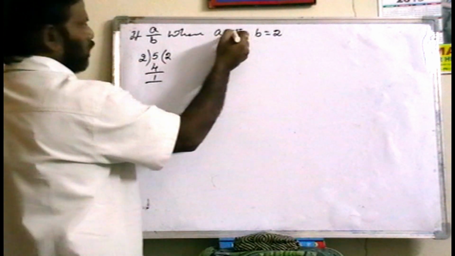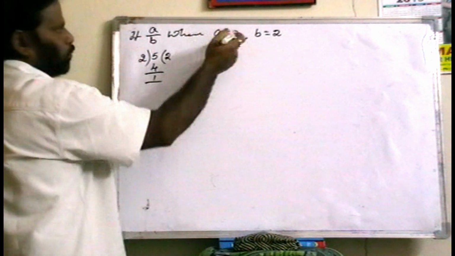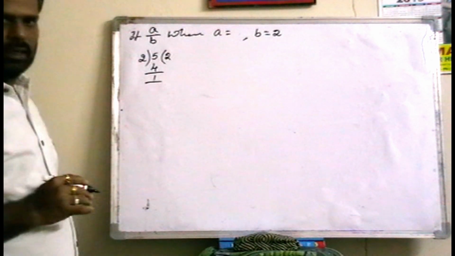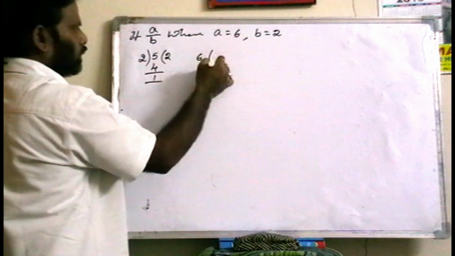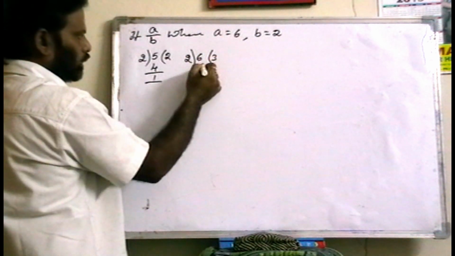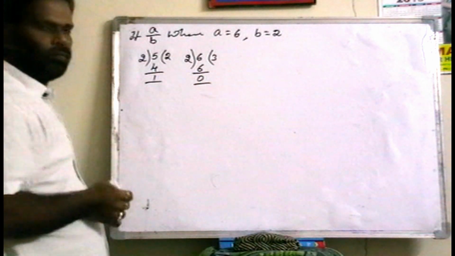Instead of 5 in place of A, we can take any positive integer. Suppose A is equal to 6. 6 divided by 2, 2 3s are 6, remainder 0.